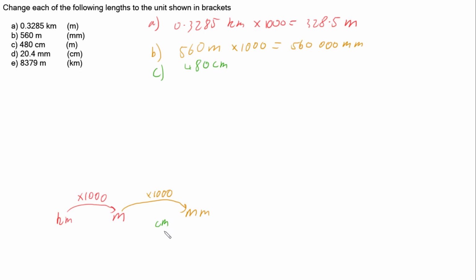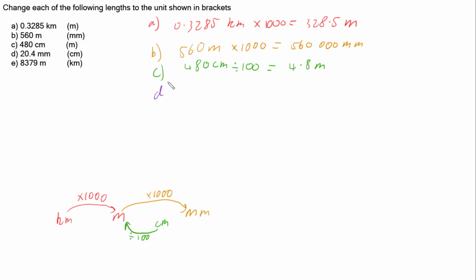So I wanted to go from centimeters up to meters. Now there are 100 centimeters in a meter, and to go from a small unit up to a larger unit, so centimeters are small, meters are big, I'm going to divide. So I'm going to divide this by 100, and so that's going to give me 4.8 meters.